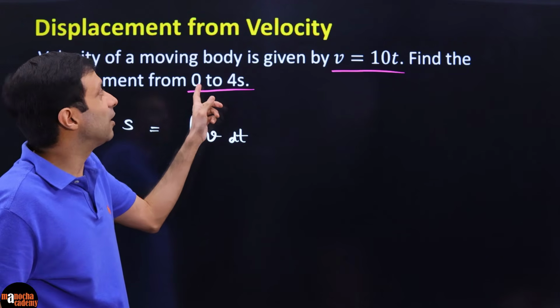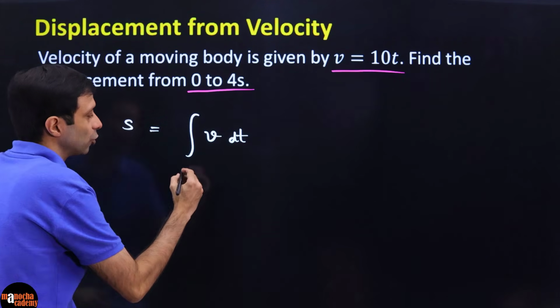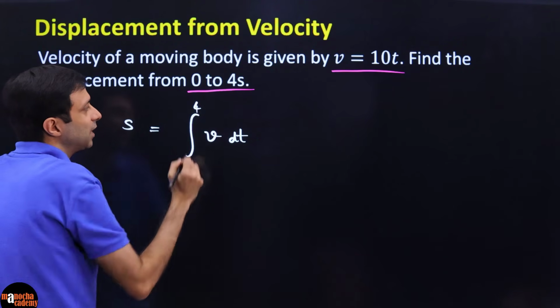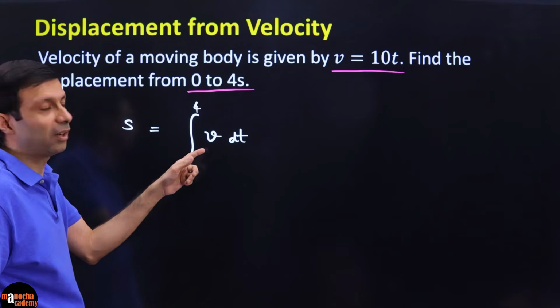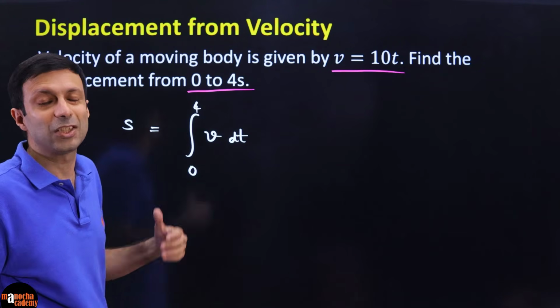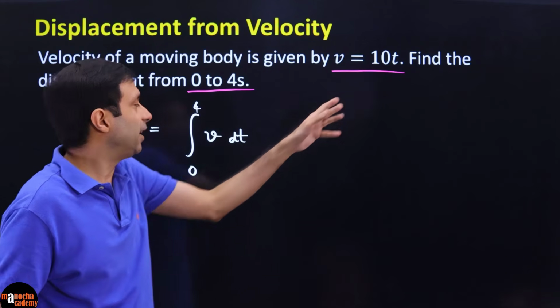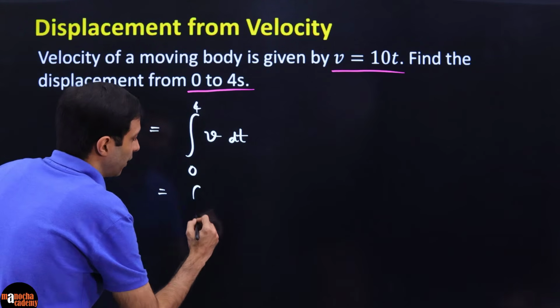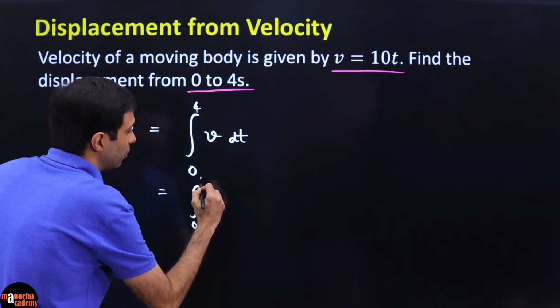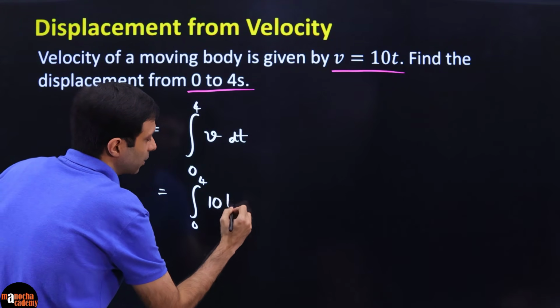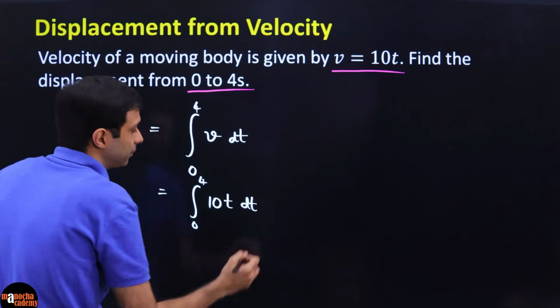And the time interval here has been given from 0 to 4 seconds. So put the limits from time 0 to 4 seconds. This is the integration, and that will give me the total displacement. That's it. So go ahead and substitute this 10t into the formula. So what will we get? From integration from 0 to 4 seconds, and the velocity is 10t, 10t dt.